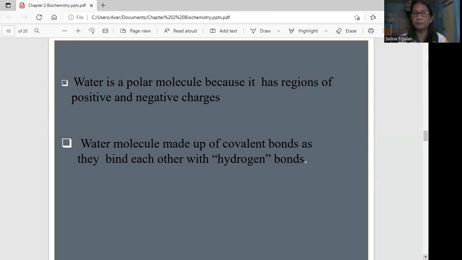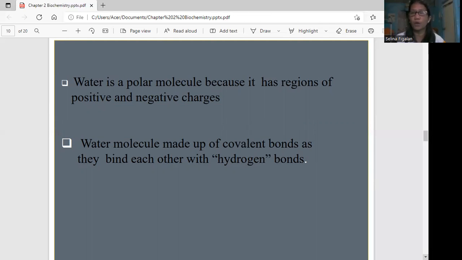It says here that water is a polar molecule because it has regions of positive and negative charges. Okay, ang water natin kasi meron siyang positive and negative charges. And water is also made up of covalent bonds as they bind each other with hydrogen bonds. As I have said, your water is made up of hydrogen.